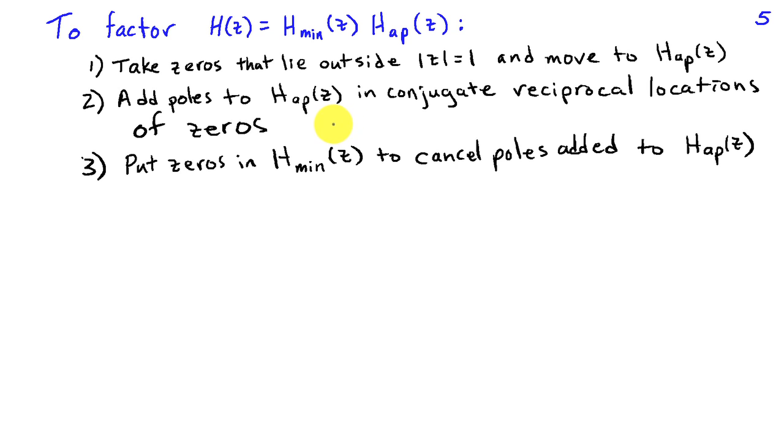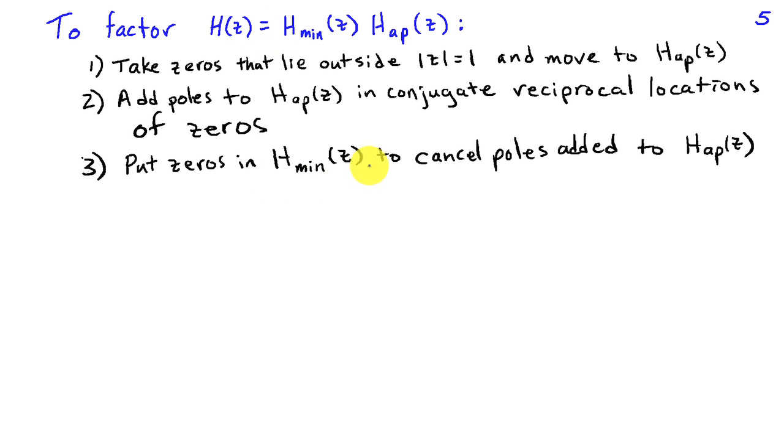So at this point, we have poles and zeros here in H all-pass that are in conjugate reciprocal pairs. Now, to keep the right-hand side of the expression the same for this product, we've added poles to H all-pass. We need to add zeros to H min in order to cancel those poles and retain the equality.